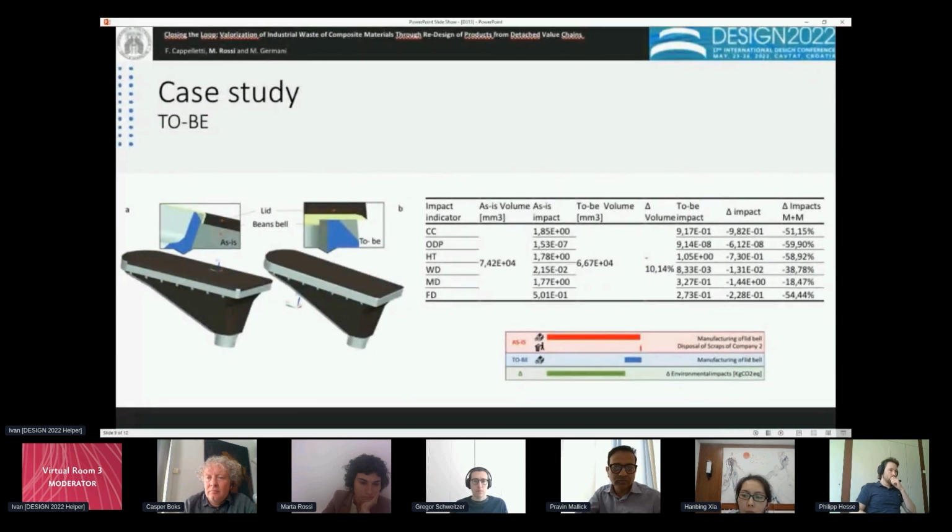Once the remanufacturing process was identified, according to the proposed method, the environmental evaluation of the new scenario allows us to assess the benefits. In particular, we can observe a reduction of about 20% of impact if we consider the overall group the lid is part of.